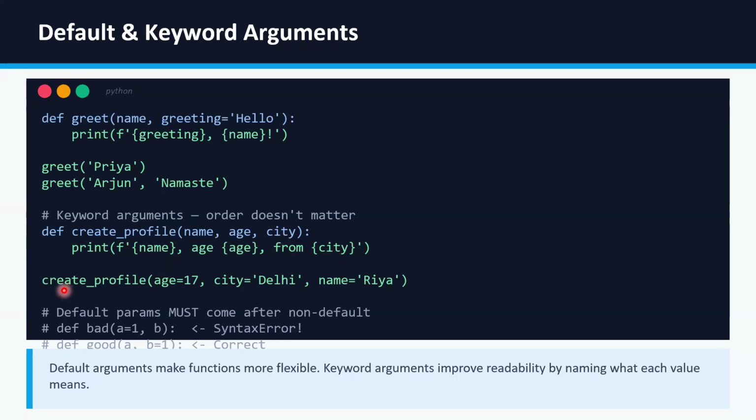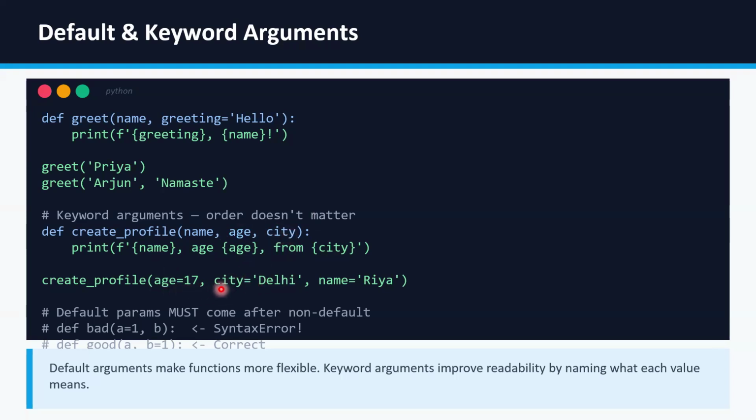Now we are calling the function create profile, age equal to 50, name, age equal to 17, city equal to. In this case we have to give the exact same name so that it will be able to correlate.